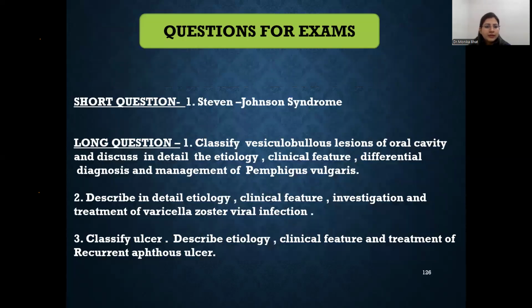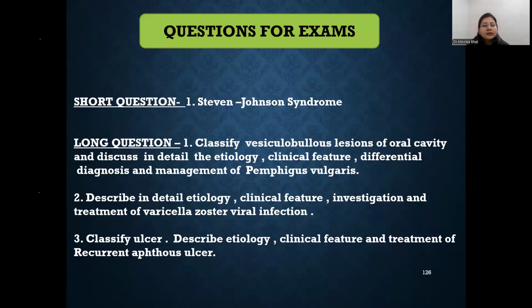So the question that can be asked as a short note is Stevens-Johnson syndrome. For the long questions, we have: classify the vesiculobullous lesions of the oral cavity with details of etiology, clinical features, differential diagnosis, and the management of pemphigus vulgaris.